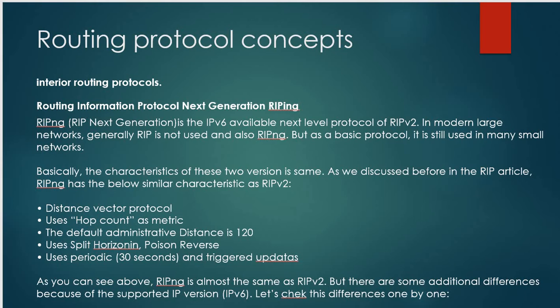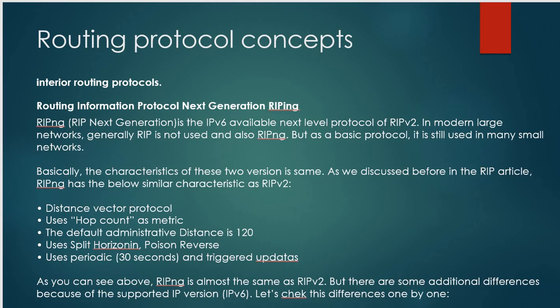And number two is it uses the hop count metric for distance vector. The default administrative distance is 120, and the hop count is limited. Beyond this, it cannot estimate the distance vector.